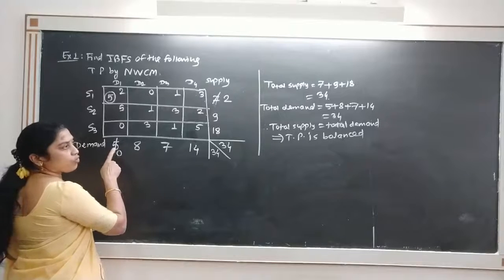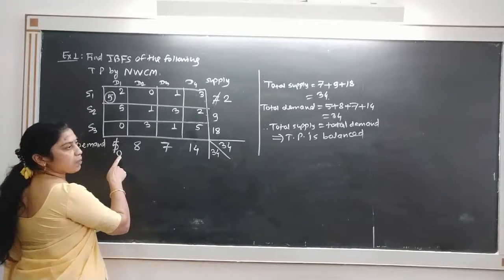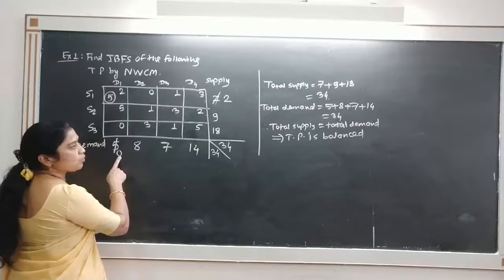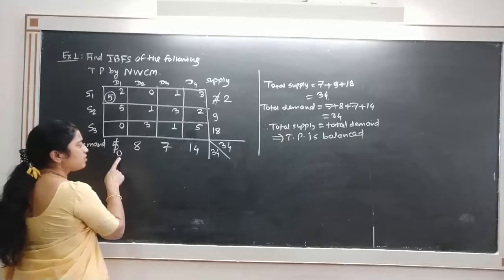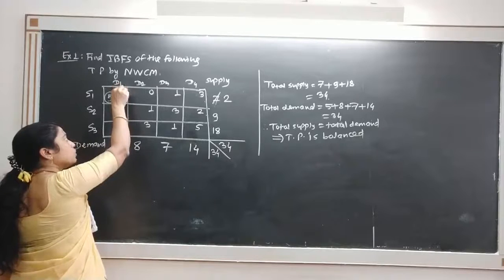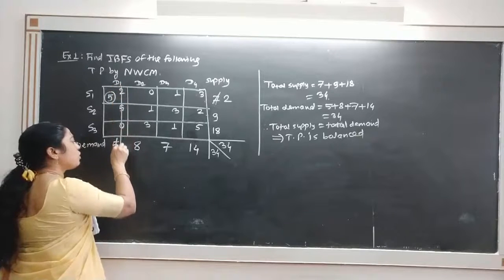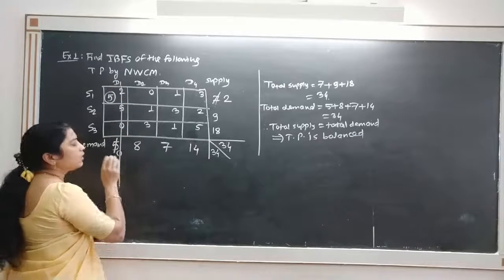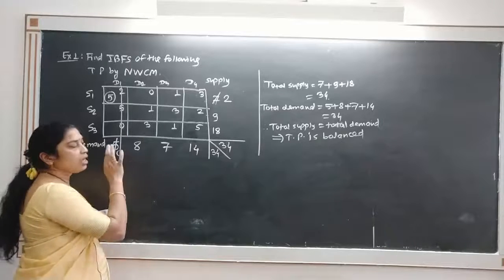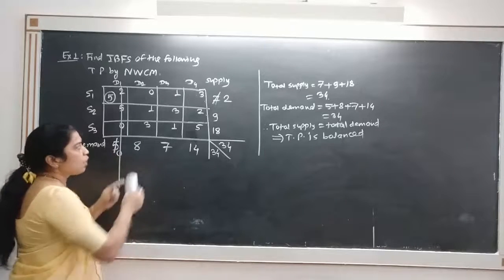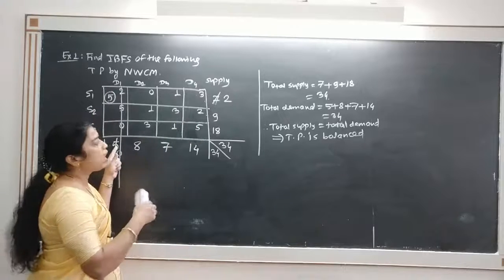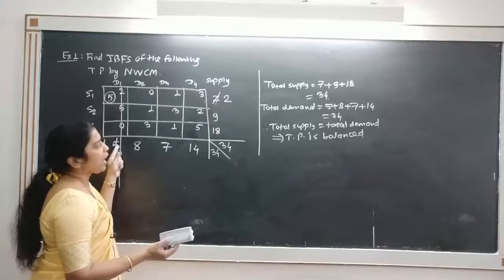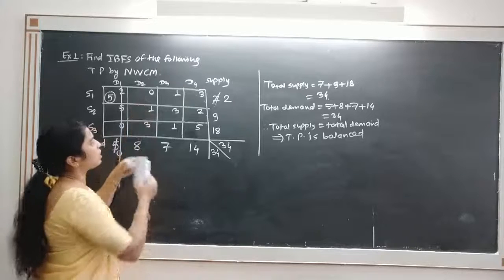Once a row or column has 0 supply or demand, we cross it out. Because this column has demand 0, we cross out this column, to show that there will be no allocation in this column now. If we cross out a column, we always move to the right cell, and therefore we move to this cell.